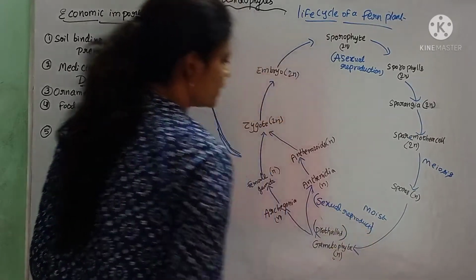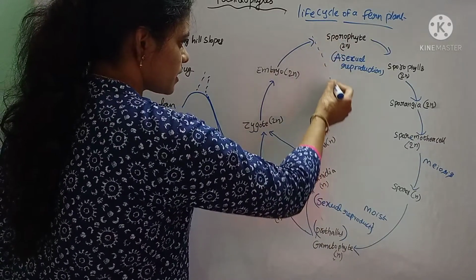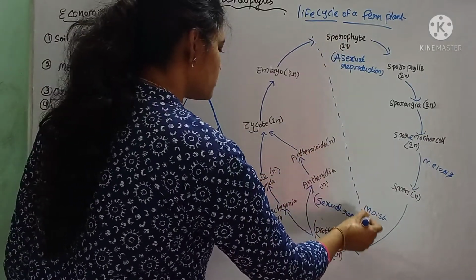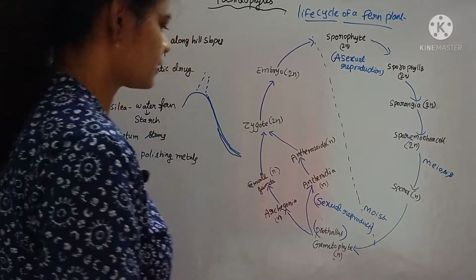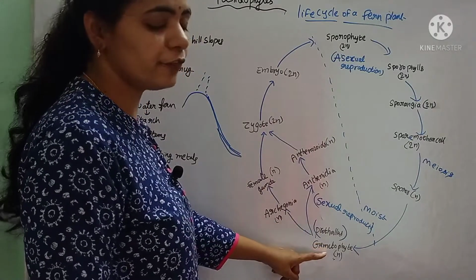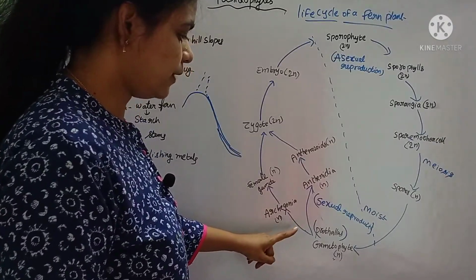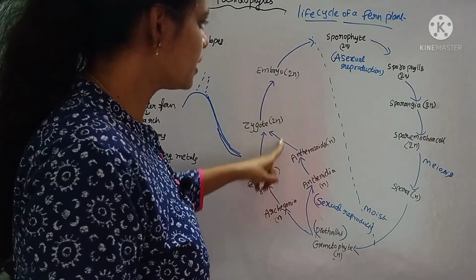So in this part, sexual reproduction occurs, and in this part, asexual reproduction occurs. From the gametophyte, gametes develop. These gametes are fused and develop into a zygote.